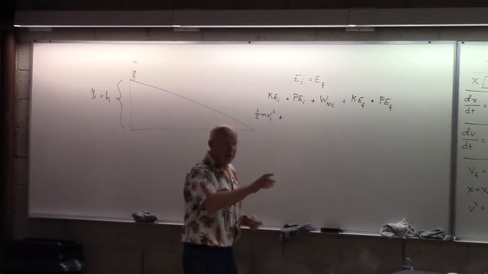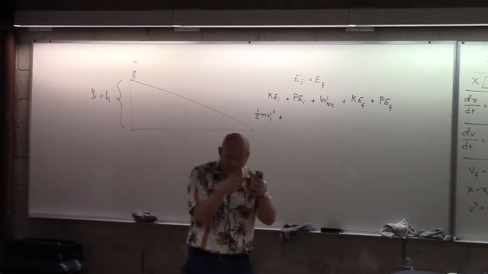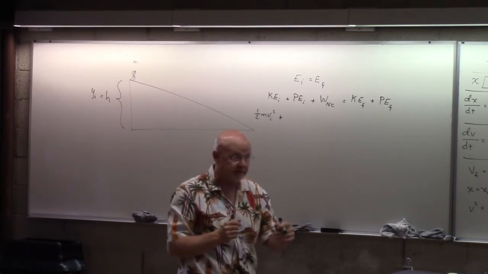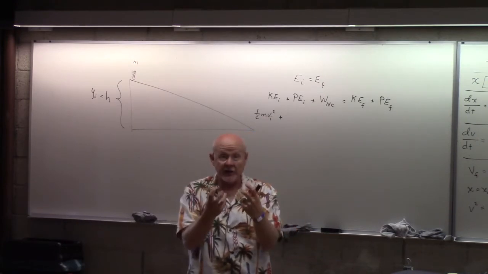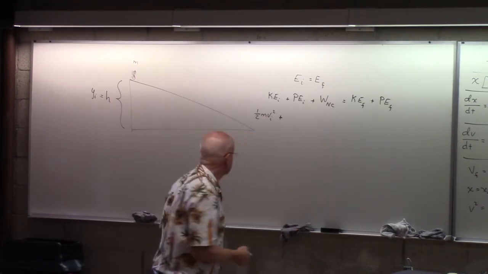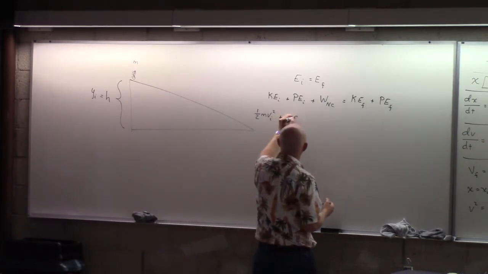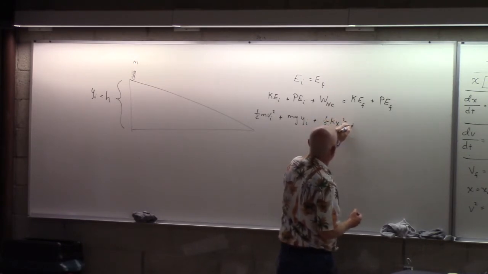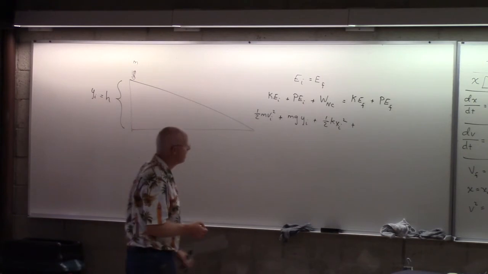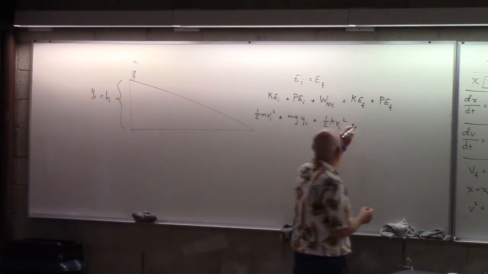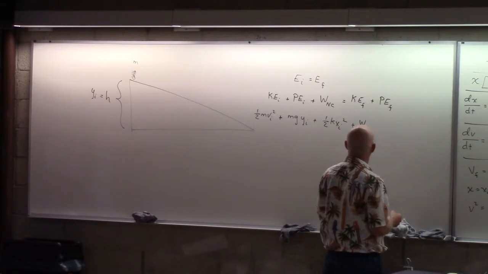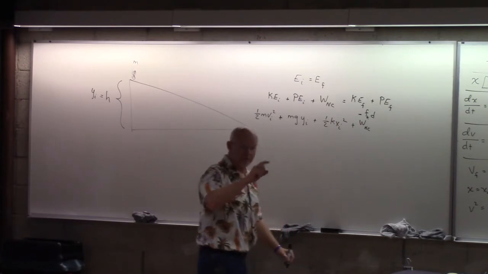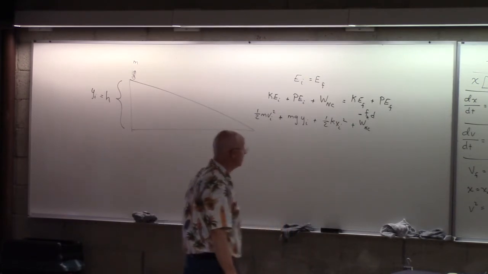And potential energy came in two flavors. We had a potential energy based on gravity, gravitational potential energy, and then a potential energy that had to do with the spring, the elastic. So we had mgy initial and 1/2 kx initial squared. I'll just leave the non-conservative one alone, but if it was friction, we said it was negative force of friction times distance traveled.